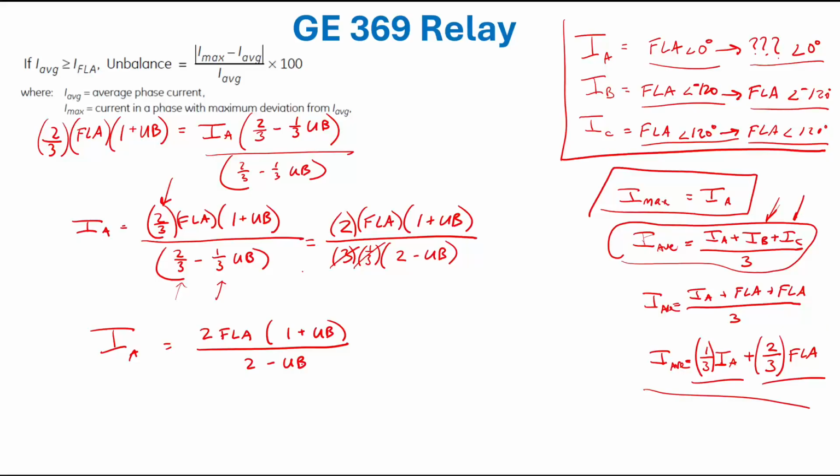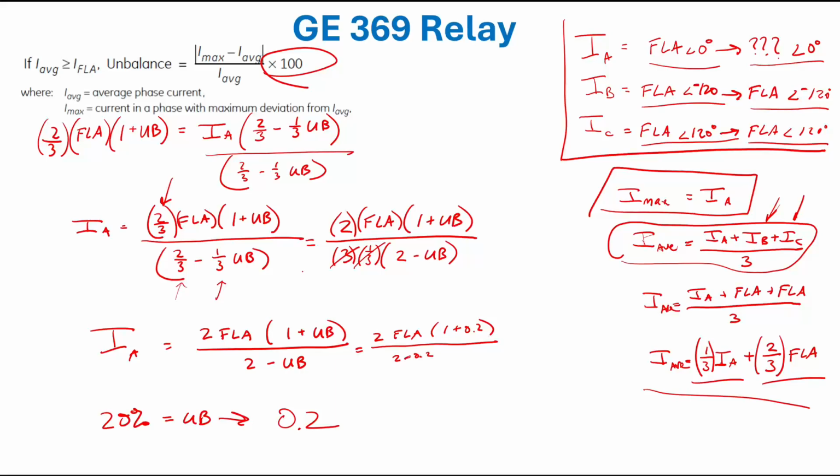All right. So if the default setting is 20% in the relay, 20% equals UB. Well, given this 100 right here, just convert it to 0.2 and substitute it in here. So this is 2FLA times 1 plus 0.2 divided by 2 minus 0.2, right?